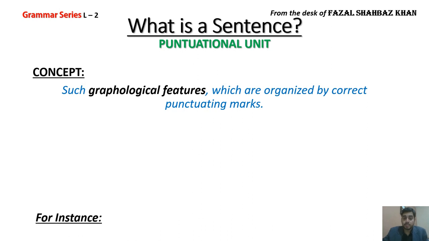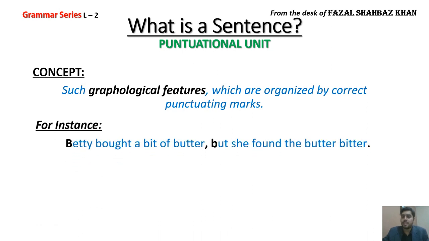So let's talk about it. For instance, we have the same sentence. Now I've highlighted a few things, as you can see here. What is now important for a sentence, apart from the usage of correct word classes and their correct placements? Let us talk about the punctuational section. The capitalization in the beginning, and the capitalization in a sentence.